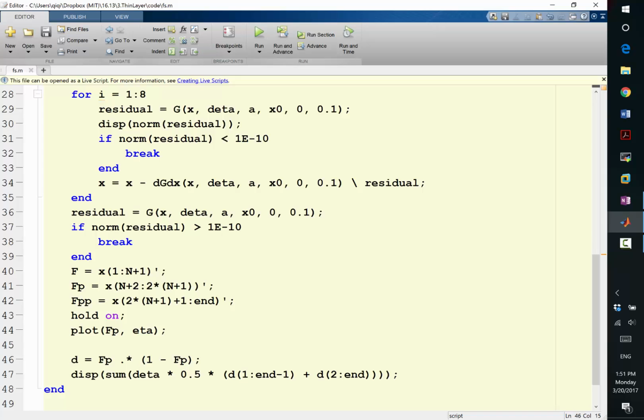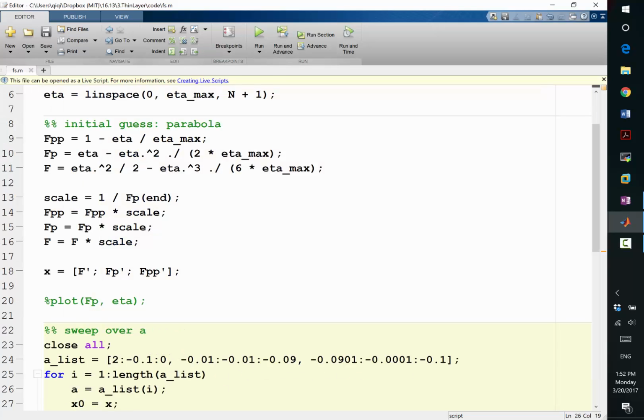All right. So this is still the trapezoidal rule for integration, right? And instead of displaying that, I'm going to say theta is equal to that. So that's my momentum thickness, and my lambda is going to be equal to theta squared times my a, right?